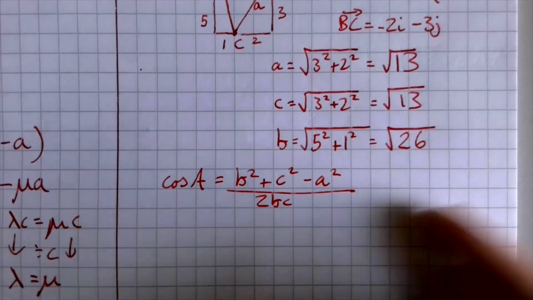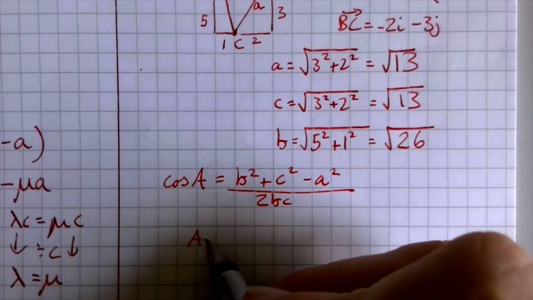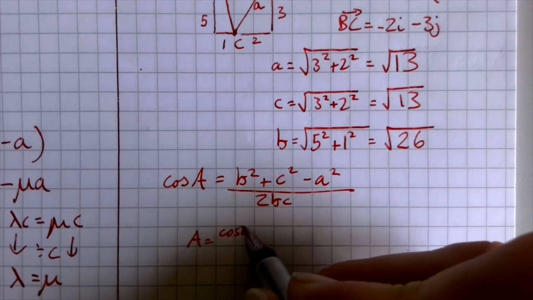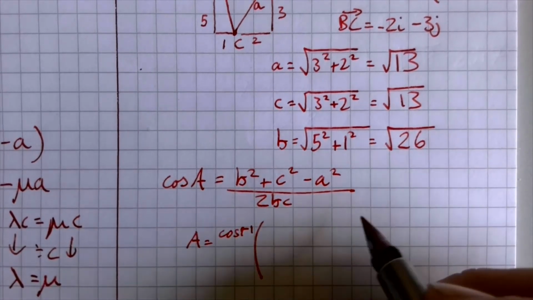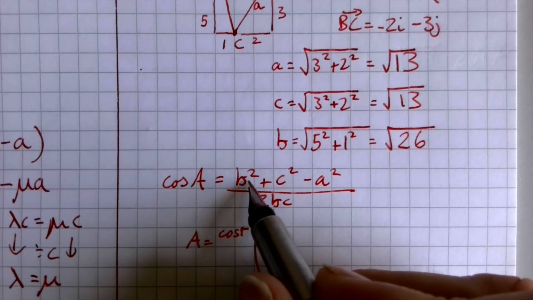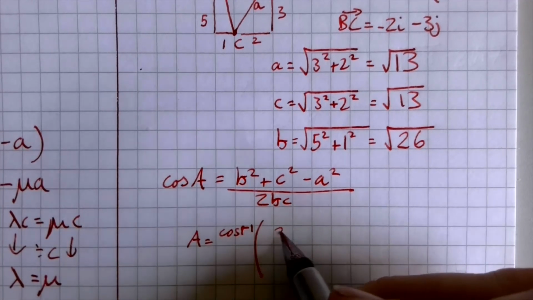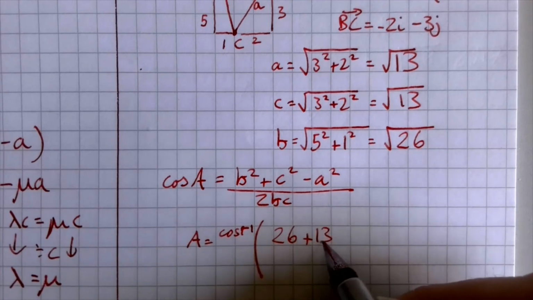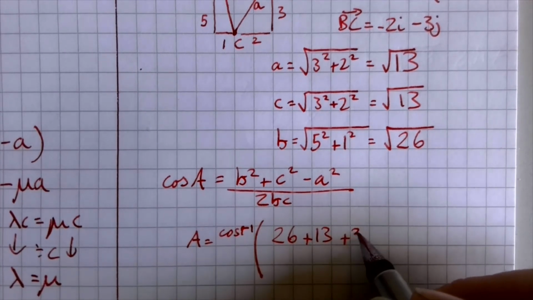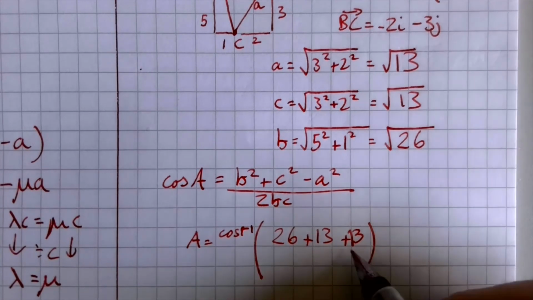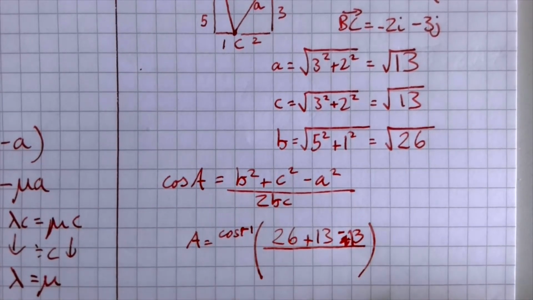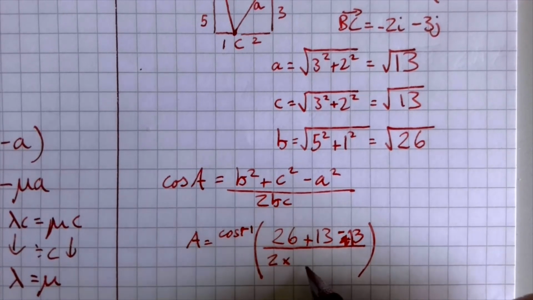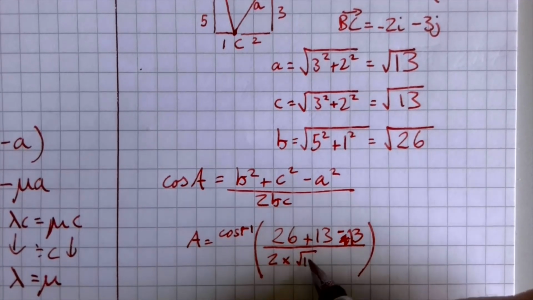All you've got to do then is put into your calculator cos minus 1 and then ramp all of this in here. So we have got b squared will be 26 plus 13, take 13, and we square our root. Oh dear, take 13, that's going to just give us 26 on the top, isn't it? All over 2 times root 13 times root 26.